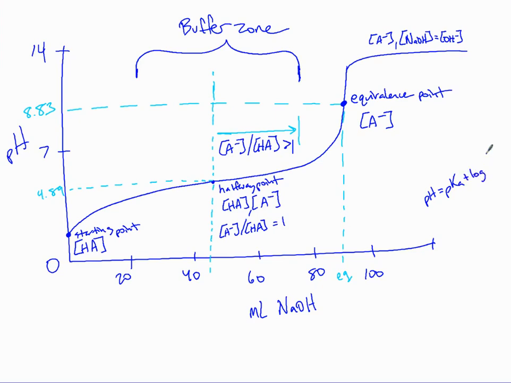Plus the log of anion divided by weak acid. From here to about here, we have more of the weak acid than the conjugate base, so it's less than 1.